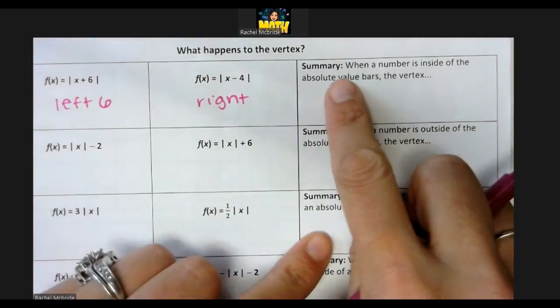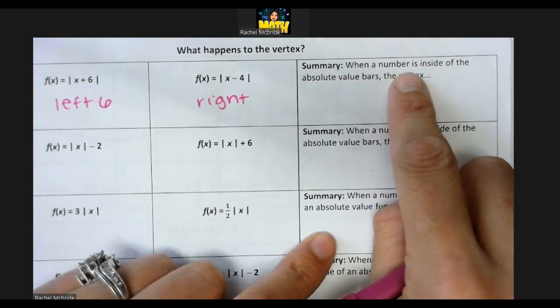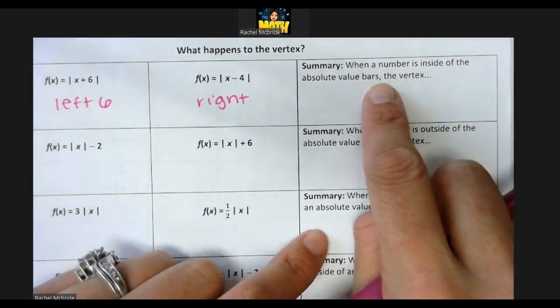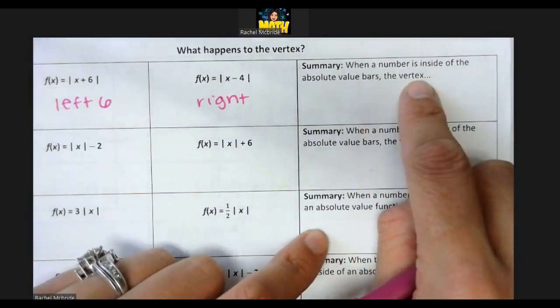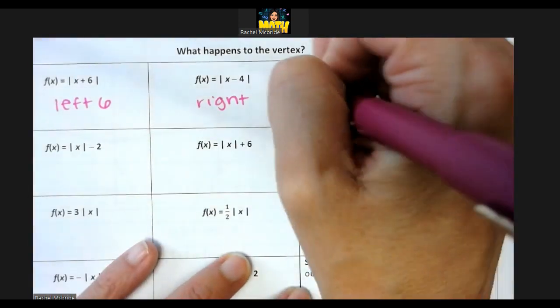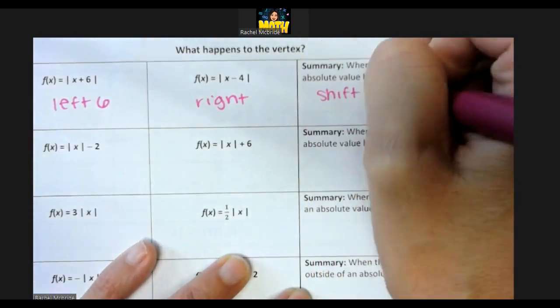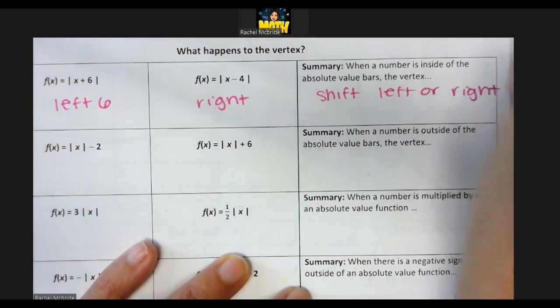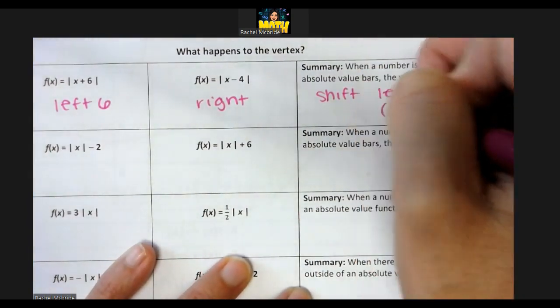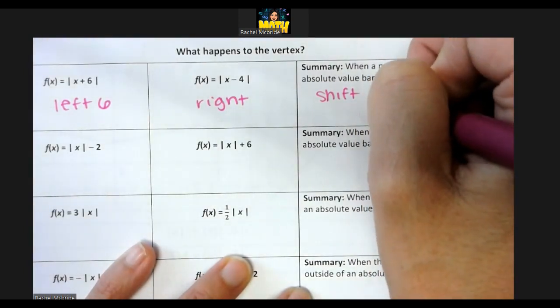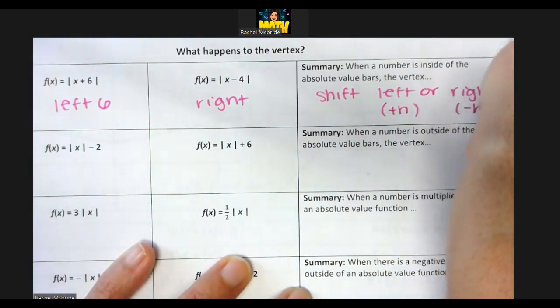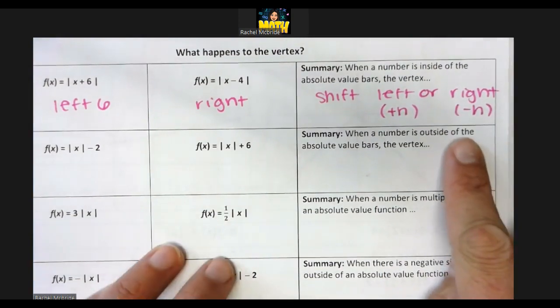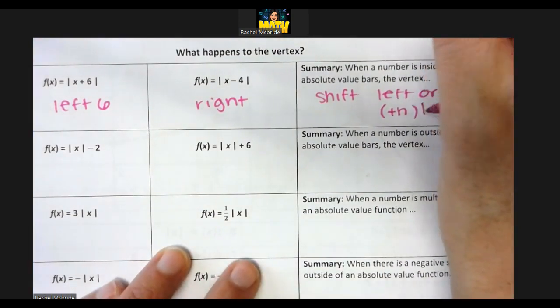So, in summary, when a number is inside of the absolute value bars, the vertex is going to shift left or right. And it goes left if the h value is positive, and it goes right if what's inside the absolute value is negative.